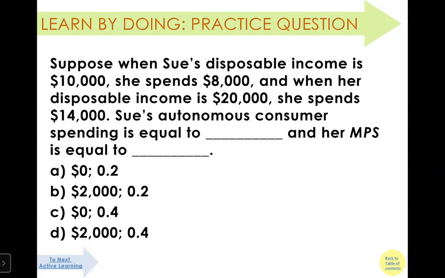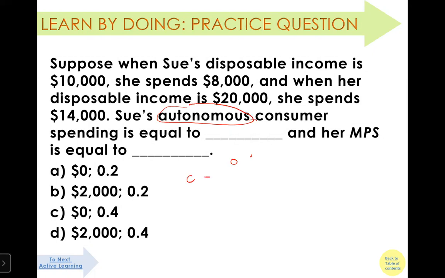How do we find out autonomous consumer spending, right? To do that, you really need to understand what autonomous consumer spending means. This is what the consumer must spend when income equals 0. Let me write down that equation again.